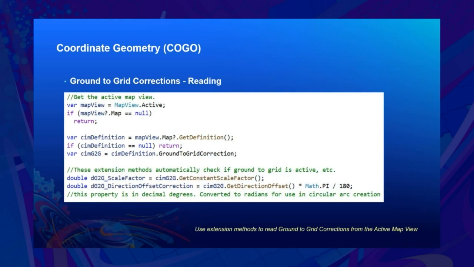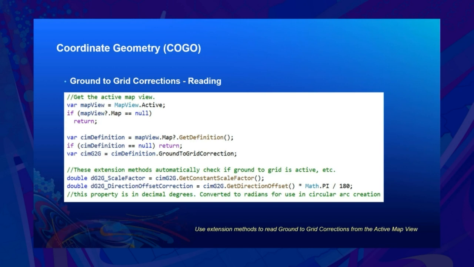The ground to grid is stored on a per map basis. Each map has its own corrections. Looking at this in code, you get your ground to grid via the map view's SIM definition object. Then reading the ground to grid is through extension methods on the ground to grid object. What these methods do internally is automatically check to see if the ground to grid is active and turned on in the UI, and also checks to see what corrections are turned on.